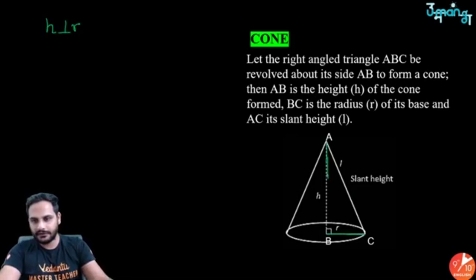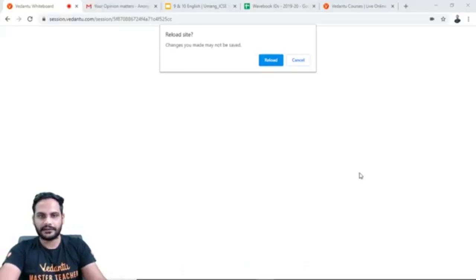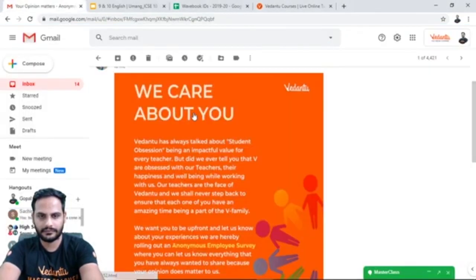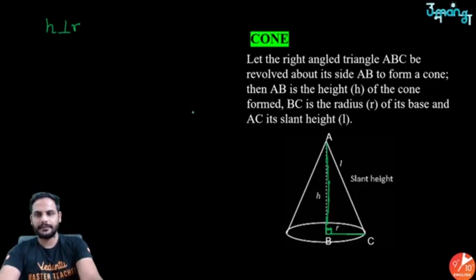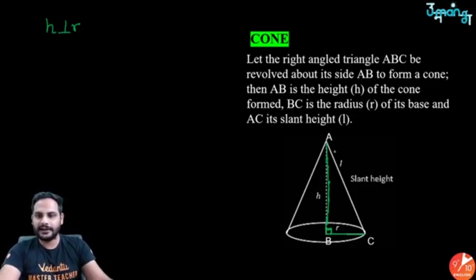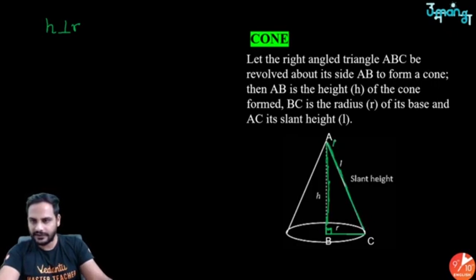The height is perpendicular to the radius of the base, and the slant height is this, the slant one, the outer part. So this length is called the slant height.